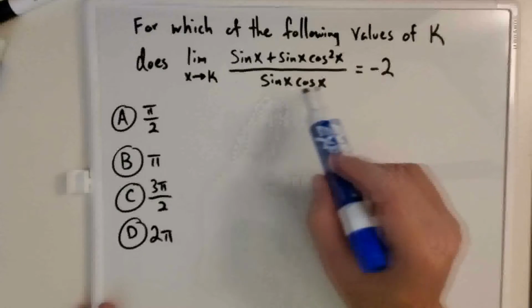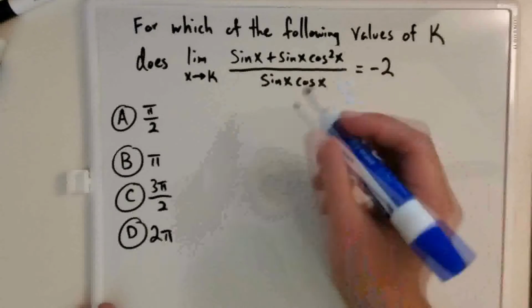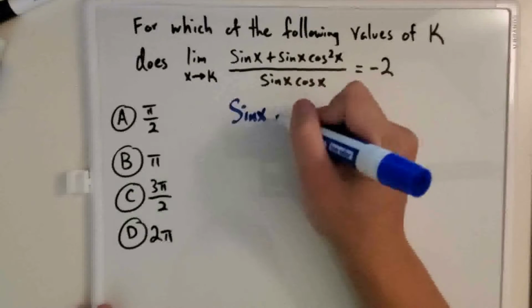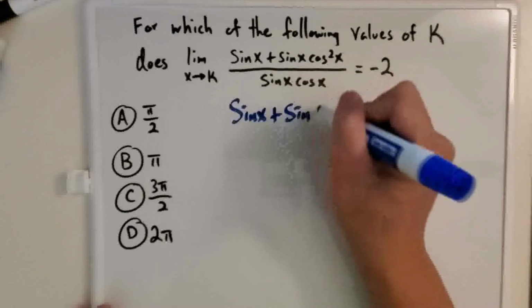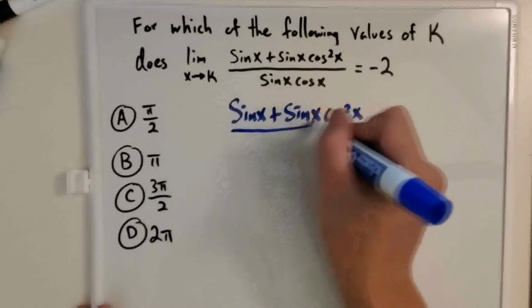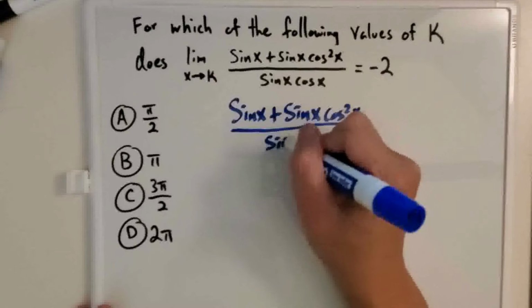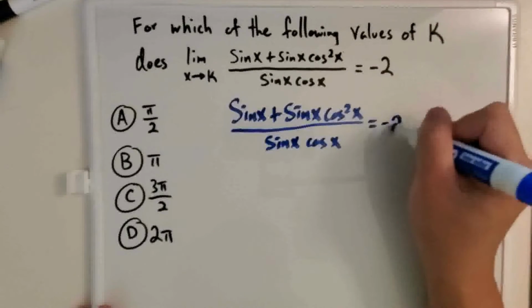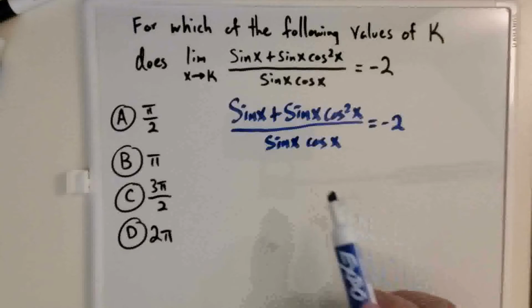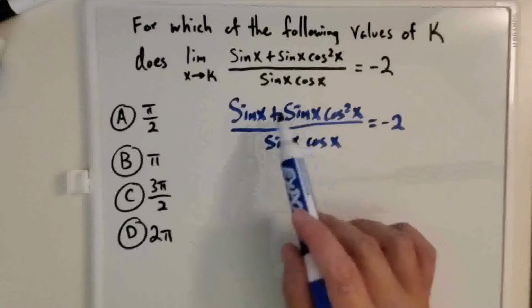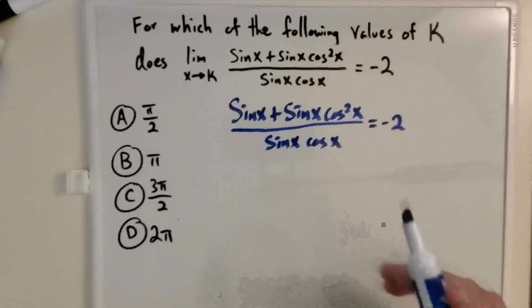So let's just rewrite our value. We have sine x plus sine x cosine squared x all over sine x cosine x, and then it equals -2. Now, if I take a look at the numerator, they both have a term sine x, so we can factor that out.